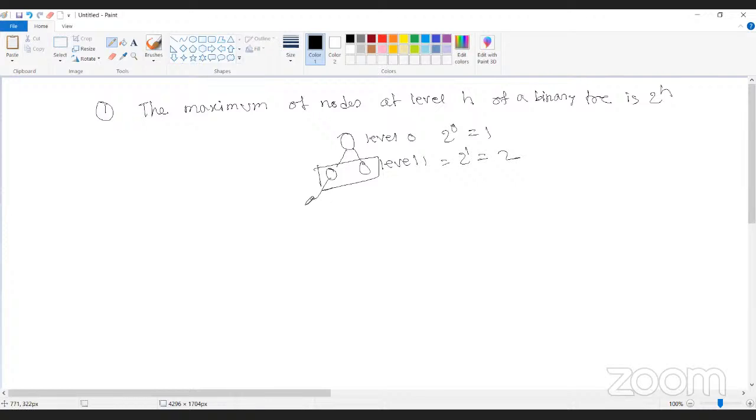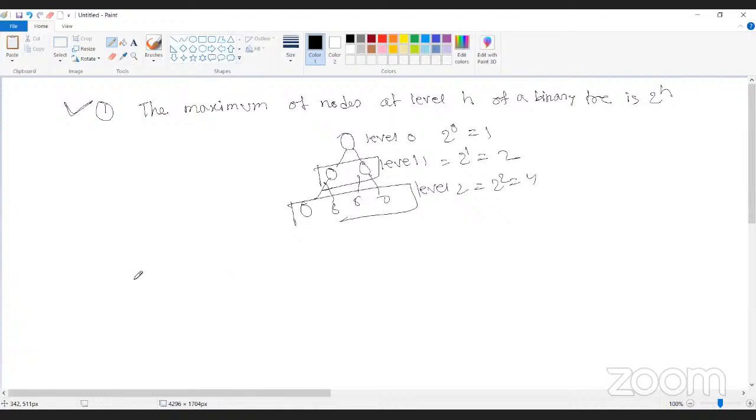In level 2, sorry, 2 to the power 2 equal to 4, like this. So the maximum number of nodes at level h of a binary tree is 2 to the power h. So this is the correct statement.